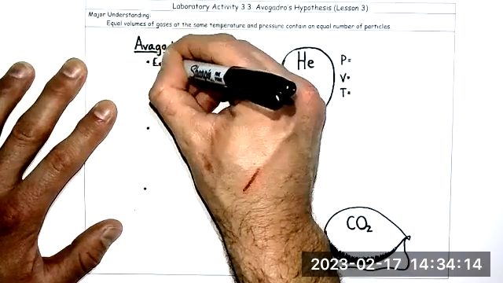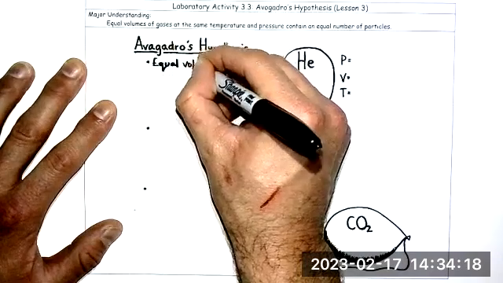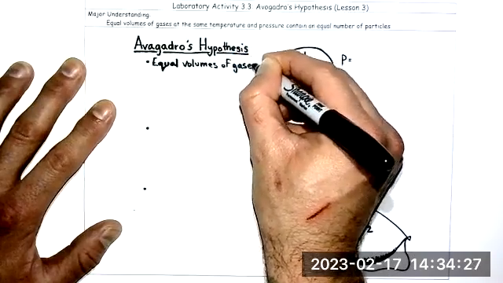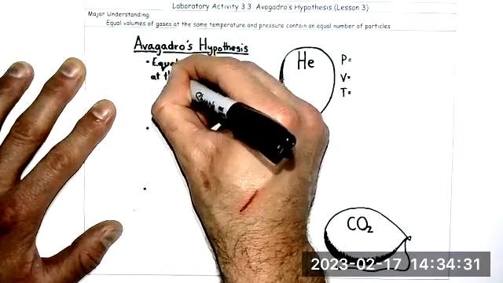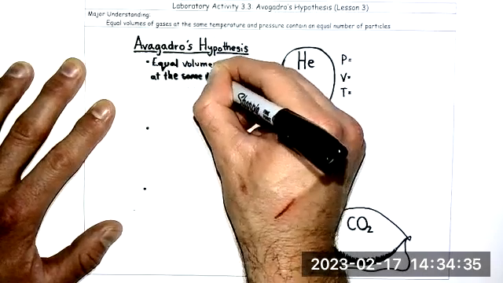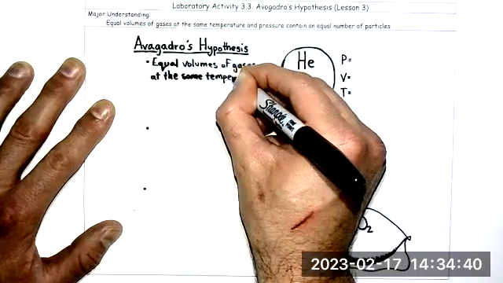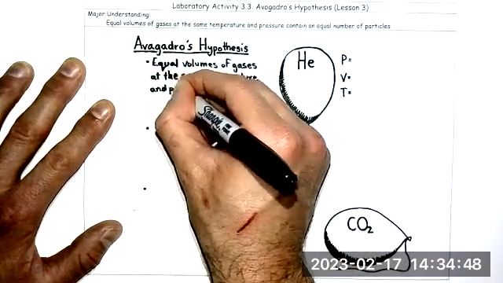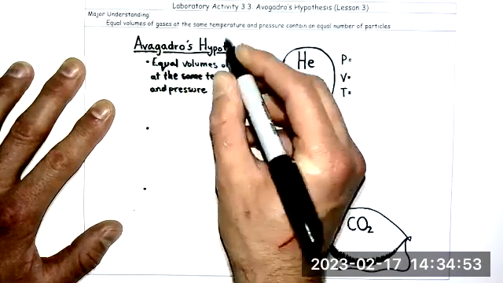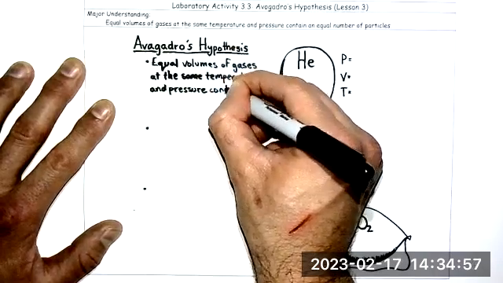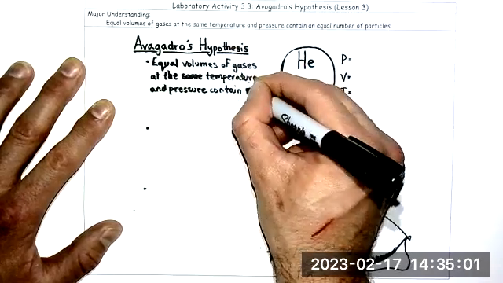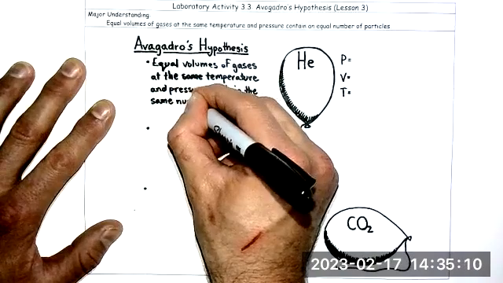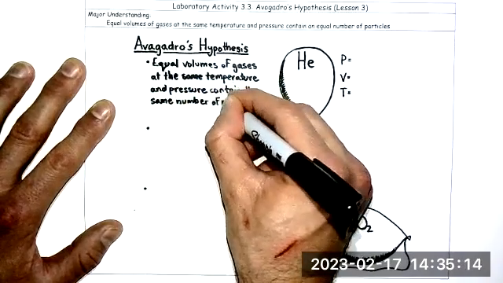Equal volumes of gases at the same temperature and pressure contain the same number of molecules.